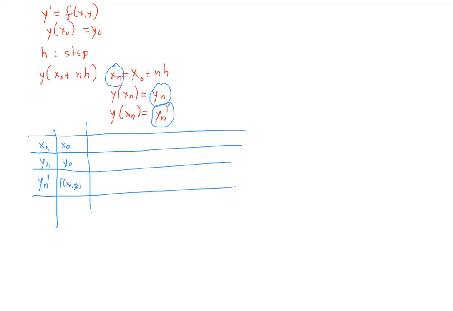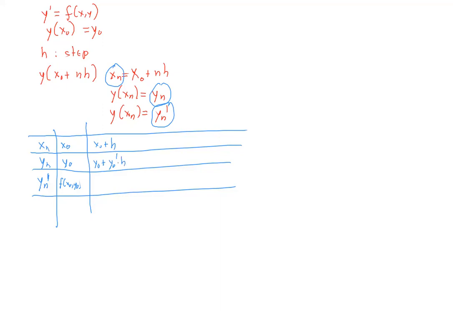And then the next step will be x naught plus h. And the important thing is what y1 will be. And y1 will be y naught plus y naught prime times the step h.